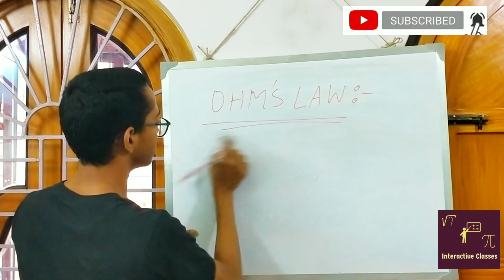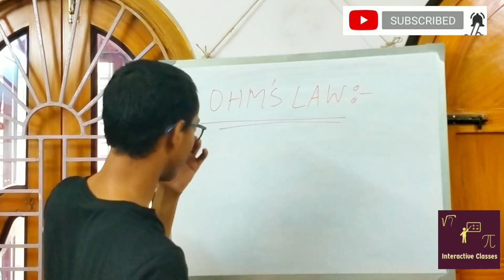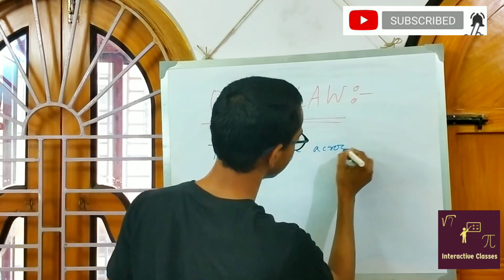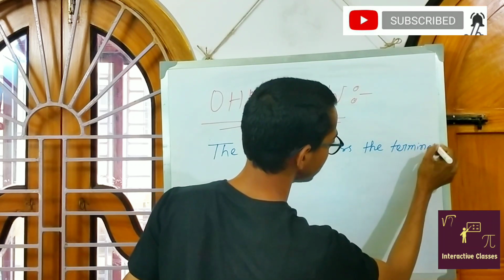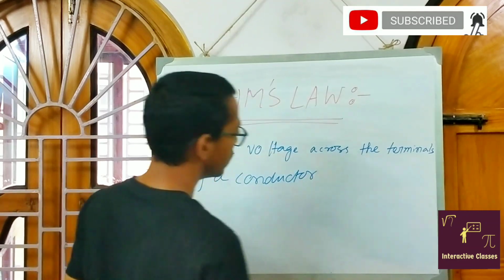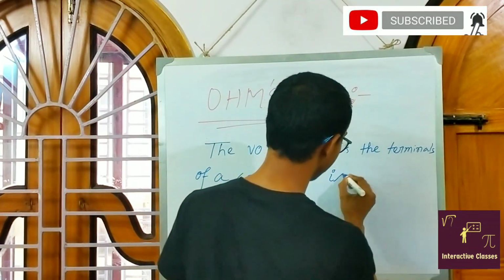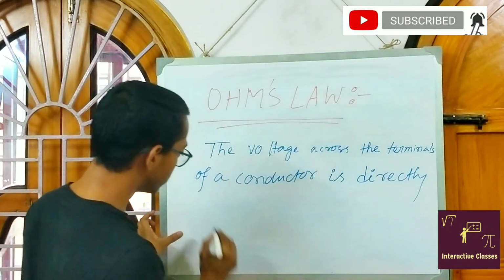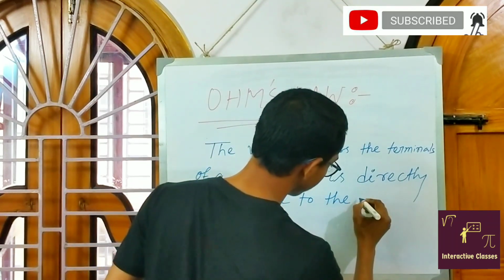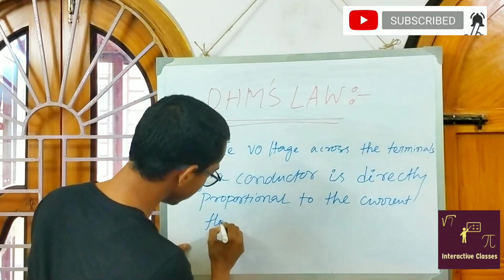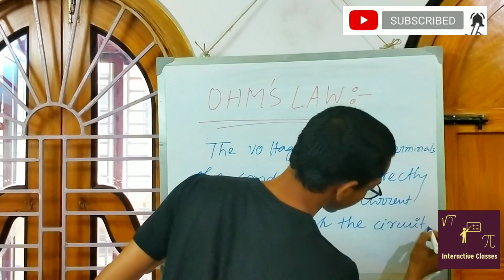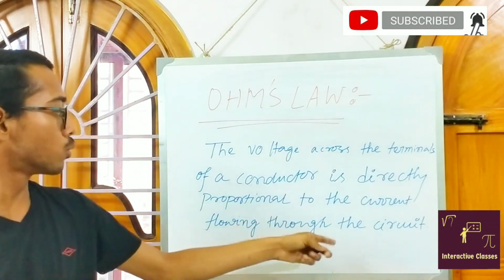What is Ohm's law? Ohm's law states the voltage across the terminals of a conductor is directly proportional to the current flowing through the circuit.